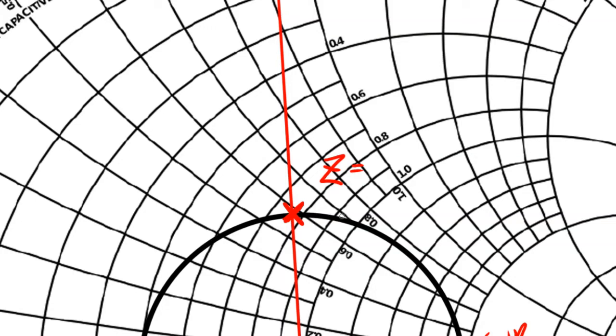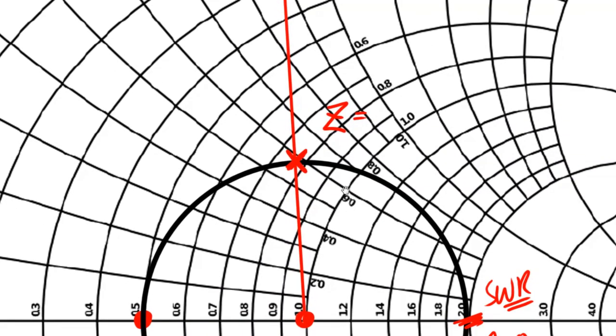So, what is the impedance there? Our resistive component is about two and a half. So, around between 0.7 and 0.8. So, let's say it's 0.75. Then, we are on the upper hemisphere, so that's plus.